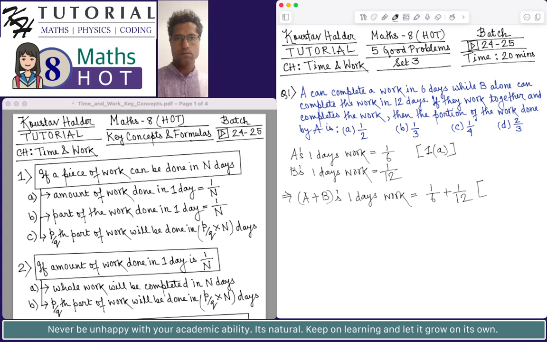Here also we applied the concept of 1A, and A plus B's 1 day's work is equal to 1 by 6 plus 1 by 12.